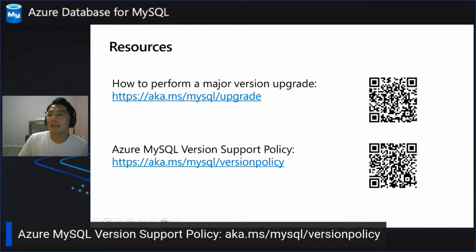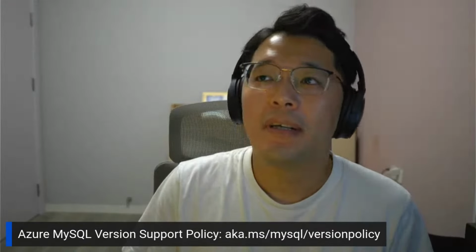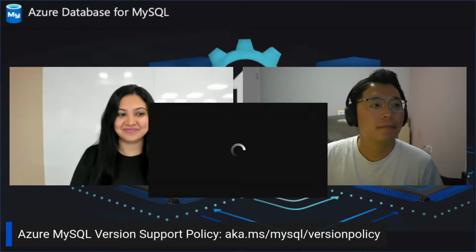And in Azure MySQL version support policies, you will see the timeline information there. We also provided a lot of detailed FAQ lists that will help address your concerns about our extended support. Okay, so that's all for the Azure extended support for MySQL 5.7.